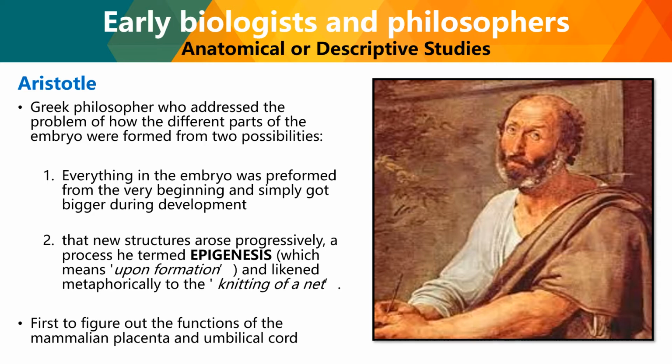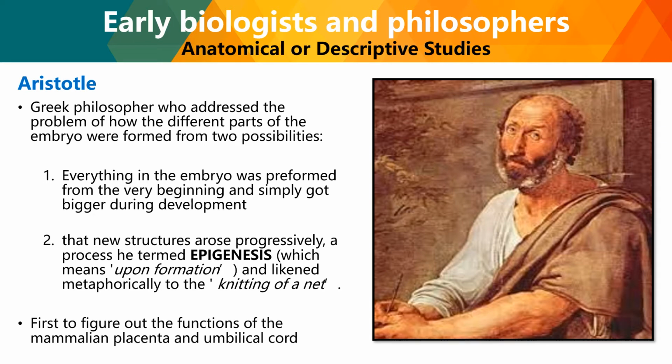The first one is that everything in the embryo was preformed from the very beginning and simply got bigger during the development. And the second one is that new structures arose progressively, a process that he termed epigenesis, which means upon formation, and likened metaphorically to the knitting of a net.